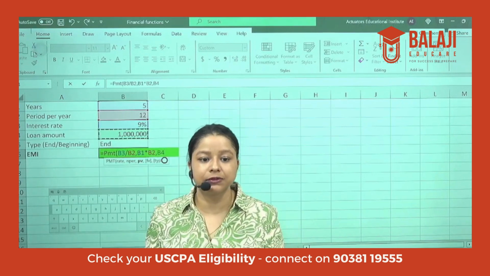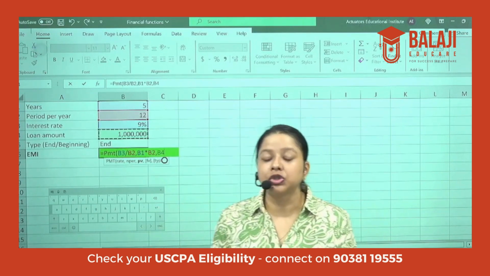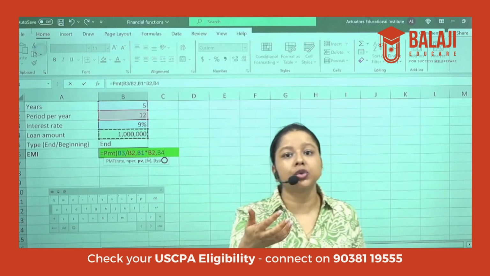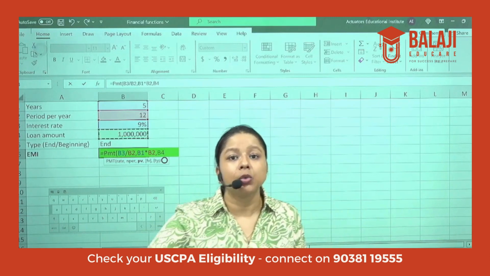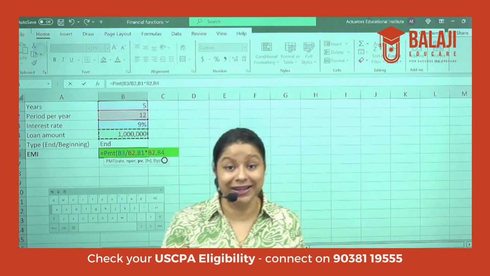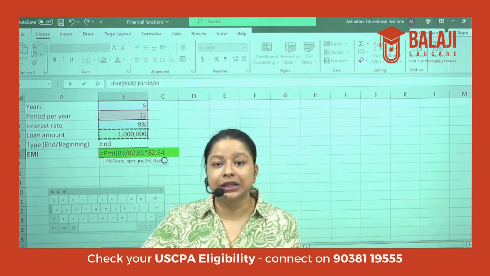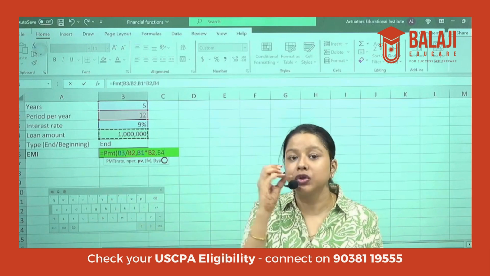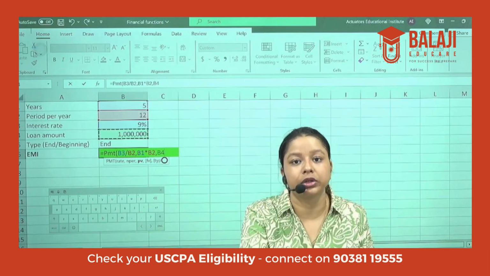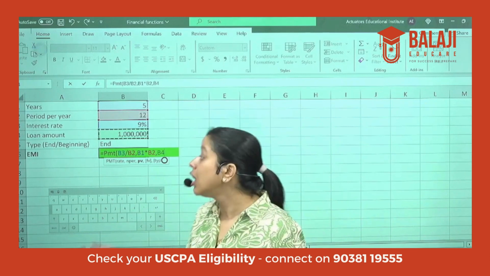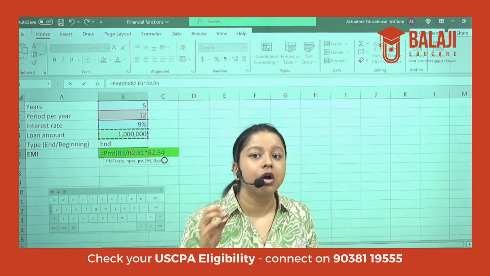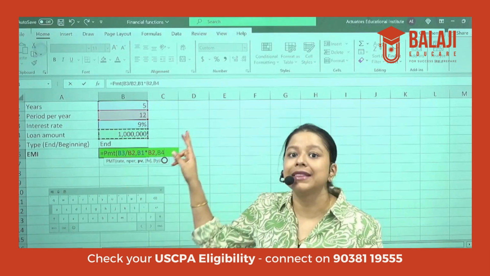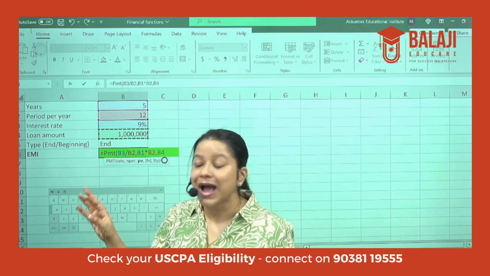For example, sometimes you want to receive a lump sum payment of 10 lakhs after 5 years by paying equal monthly installments, which we call an annuity, and you need to know what amount must be paid at a given interest rate to achieve this future value. In that case you give PV as 0 and mention the future value as 10 lakhs.